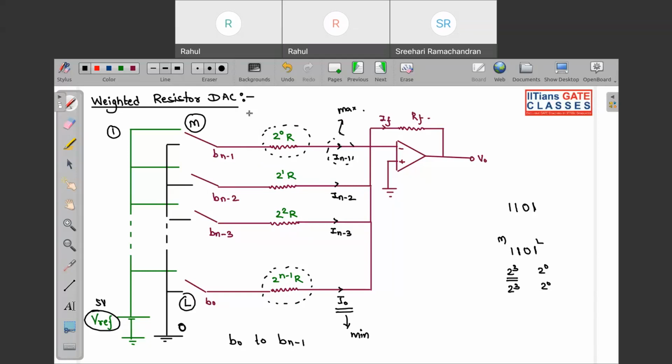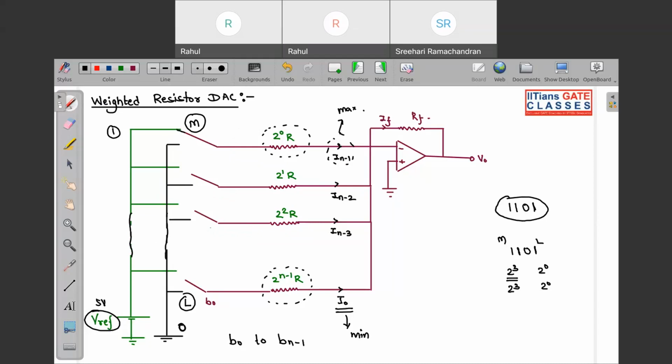Okay, so now assume this is your 4-bit weighted resistor DAC. We have this 1101.